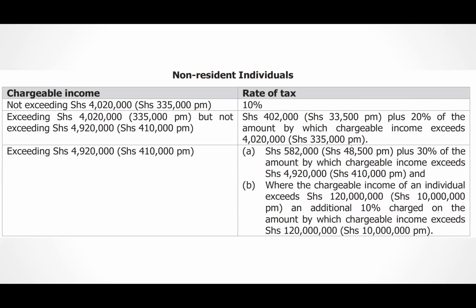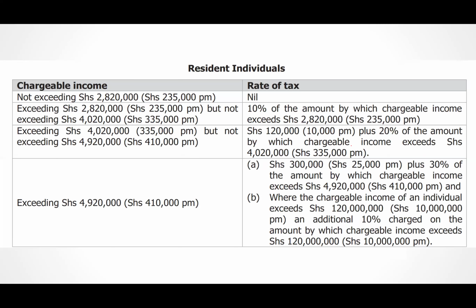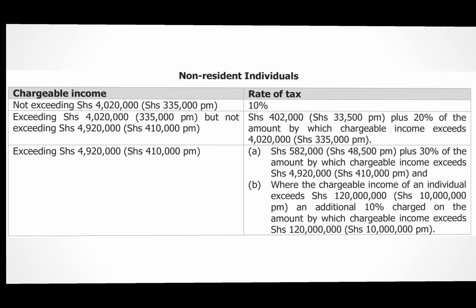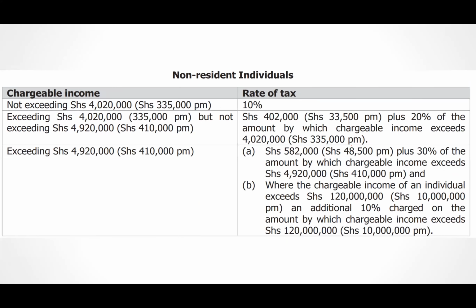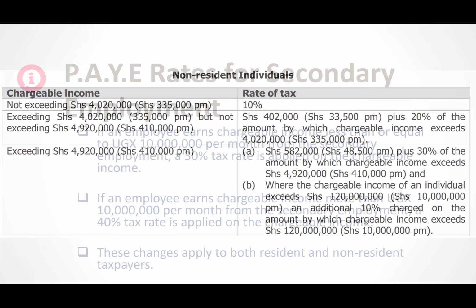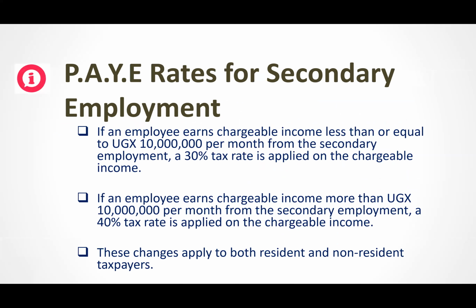We have the first table for the resident individuals and the second table for the non-resident individuals. And that now brings in the issue of resident, non-resident. But before we understand resident and non-resident, let's talk about secondary and primary employment.